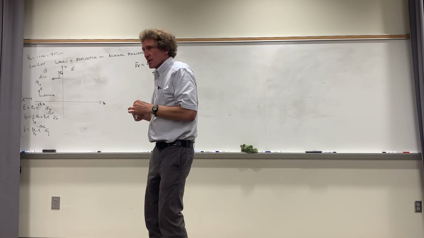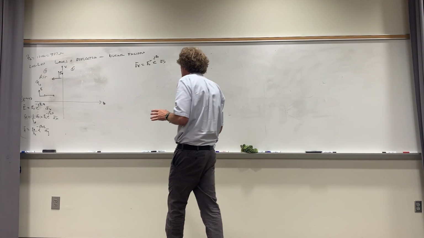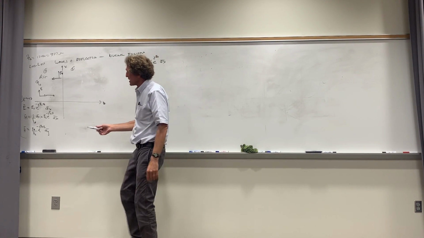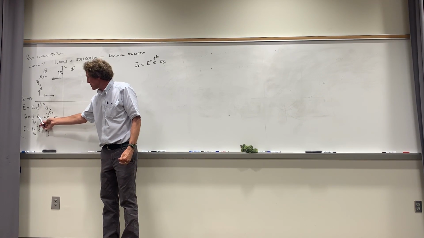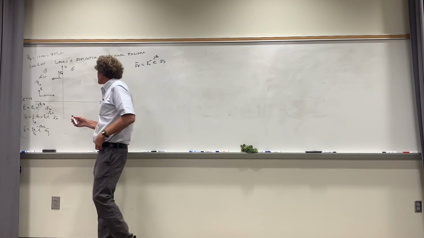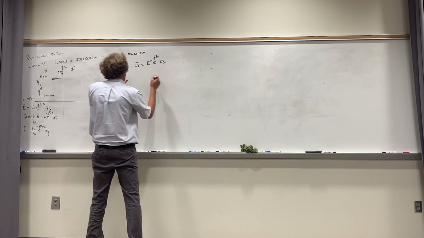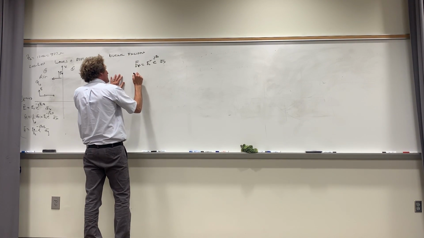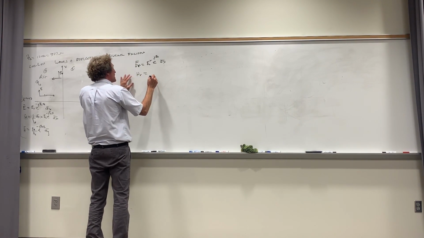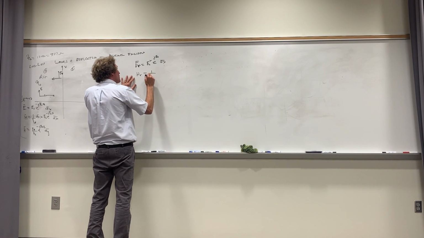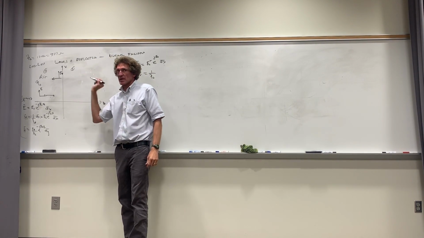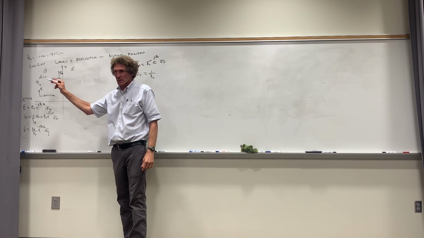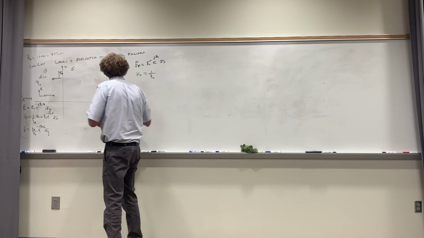Now I'm going to do it this way. Do you all agree that I could get H by saying 1 over eta, then the direction of propagation crossed into the E field? We'll do it that way one time. So my H field in the reflected wave would be equal to 1 over eta naught. What's the unit vector in the direction of propagation? Minus a_z, very important.